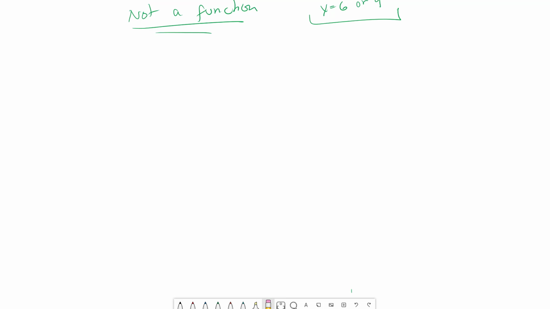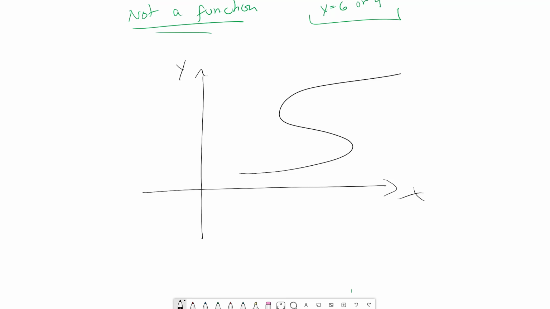Let's say we have here the x-axis and the y-axis, and let's look at this curve. Now this curve looks like it could be a function, but we can apply a certain test that we call the vertical line test.